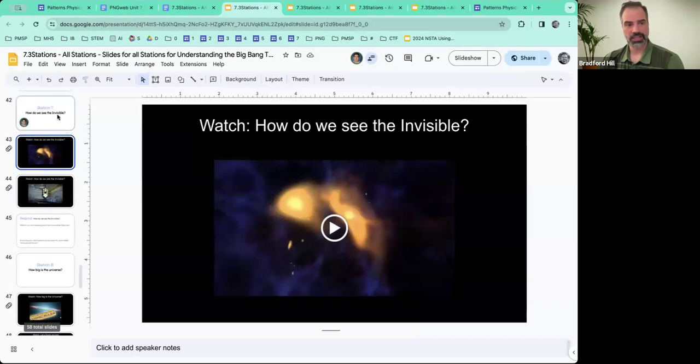But in any case, here is a station that looks at the infrared and the Webb telescope and seeing the formation of early universes, and lots of neat views of galaxies swallowing up and combining with other smaller galaxies nearby.